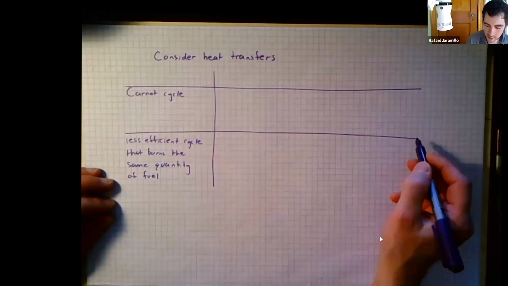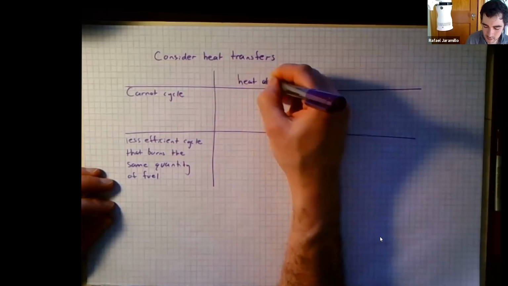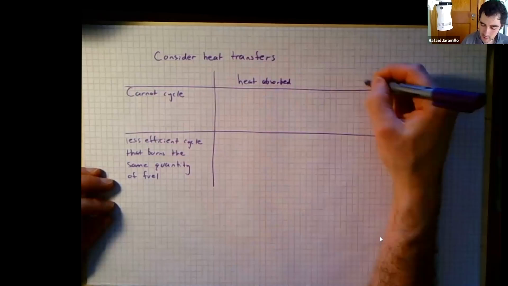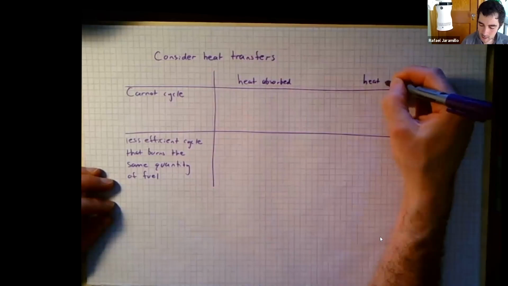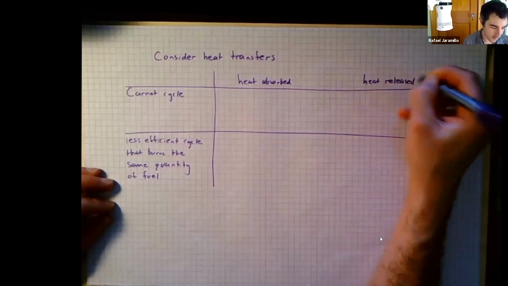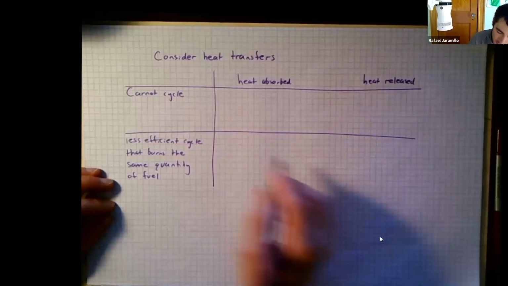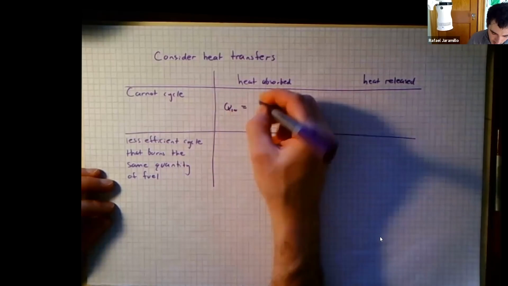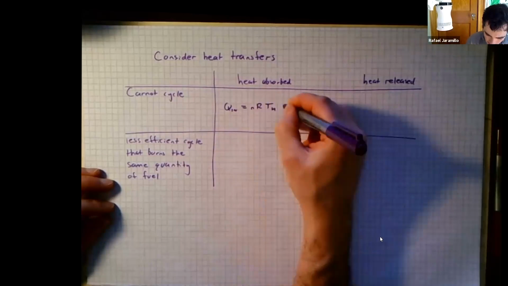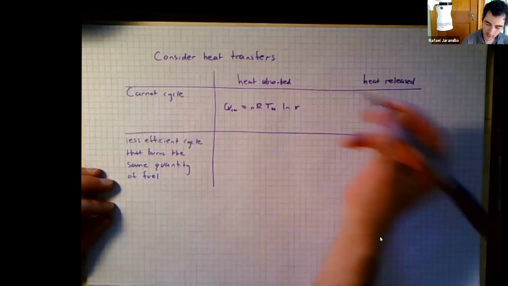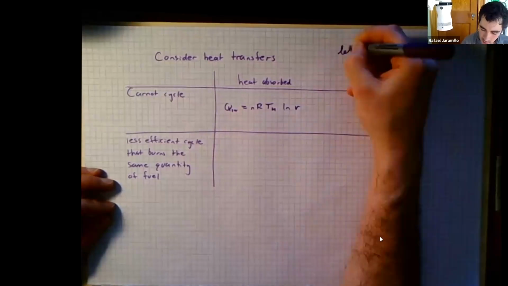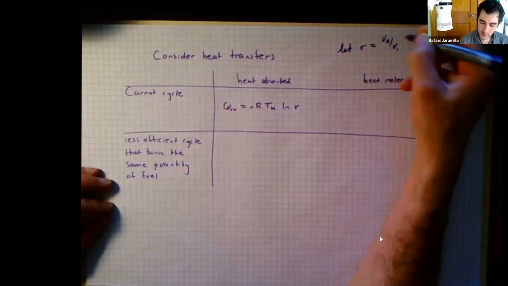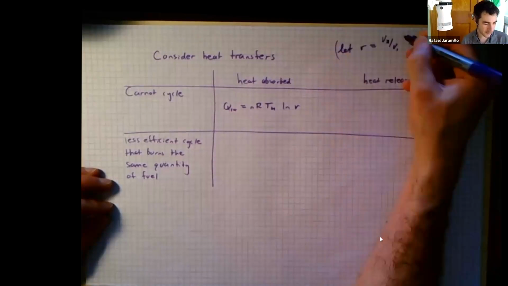Let's consider the heat absorbed and the heat released. Okay, so heat absorbed is Q_in. We just wrote this down: nRT_hot log v, letting lowercase v equal V2 over V1, just to keep the writing simple.